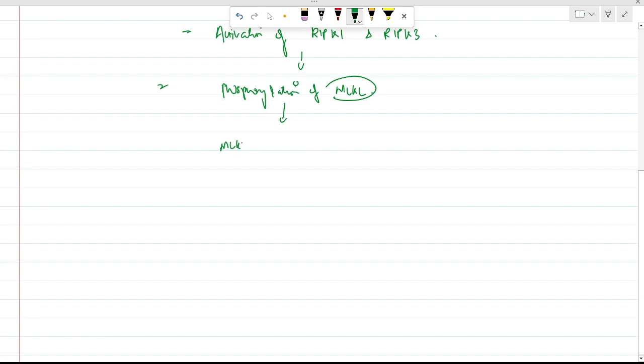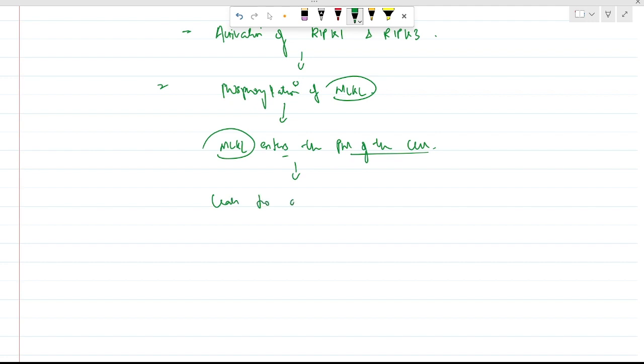Then this MLKL enters the plasma membrane of the cell. Once it enters the plasma membrane of the cell, it leads to damage of the plasma membrane.